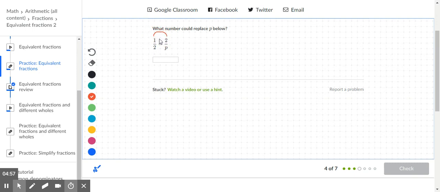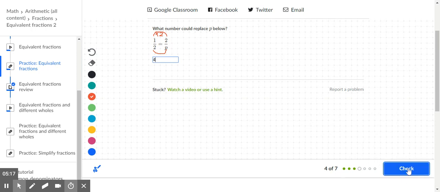Well, I multiplied. So 1 times 2. I multiplied by 2 right here. And what I do to the top, I must do to the bottom. So 2 times 2 would mean that P is going to equal 4.